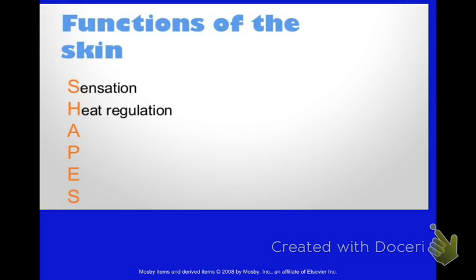SHAPES is our acronym. An acronym is like a word, and each letter in the word is going to help us to remember something. Your chapter in your book does this kind of backwards to me, because I would like to start off with what's the function of this body system, but this chapter puts the function of the system at the end.